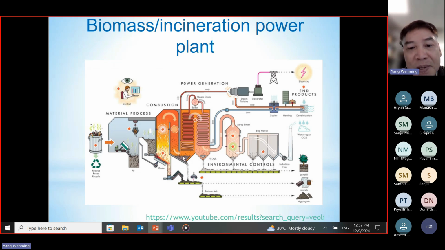When the fly ash and bottom ash are discharged, they still have a high temperature, a few hundred degrees C, for example 300 degrees C, which means that part of the heat energy is taken away by the bottom ash or fly ash, correct?